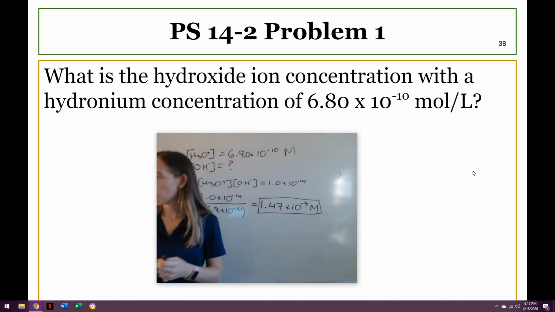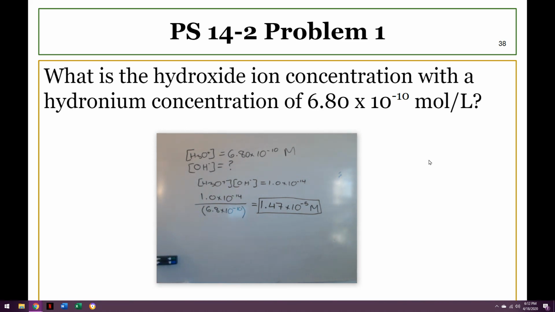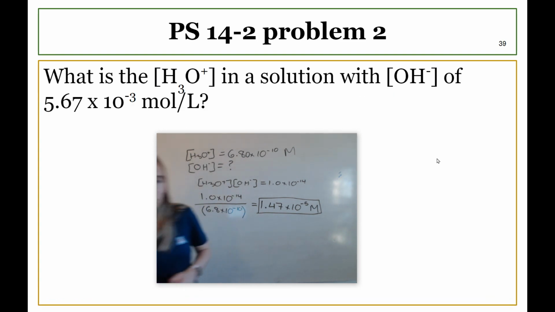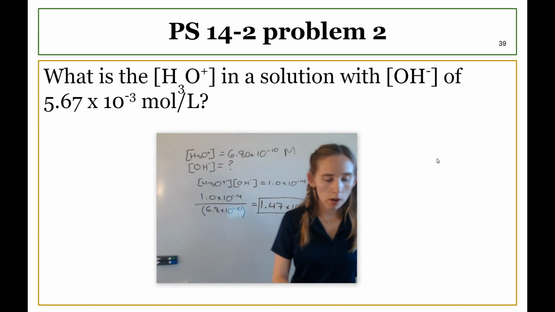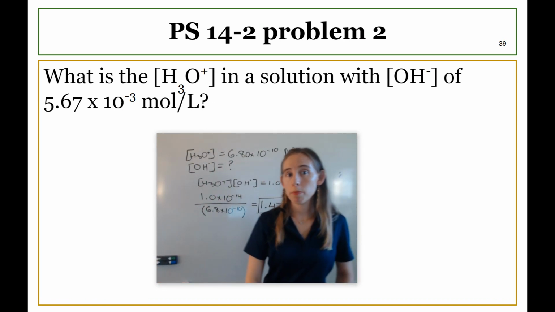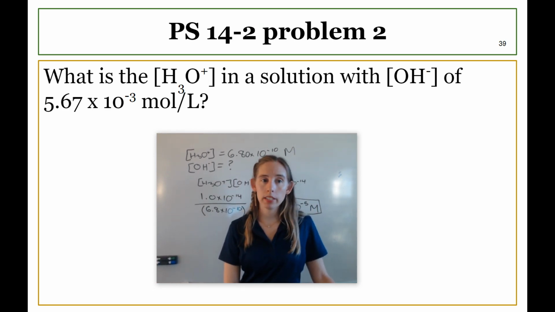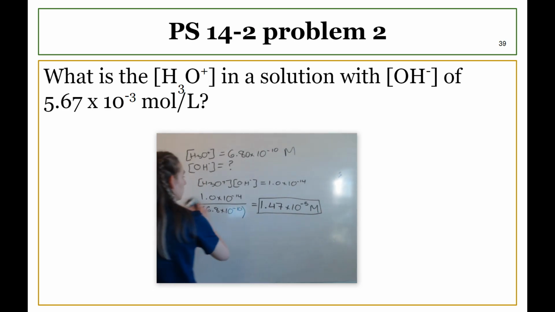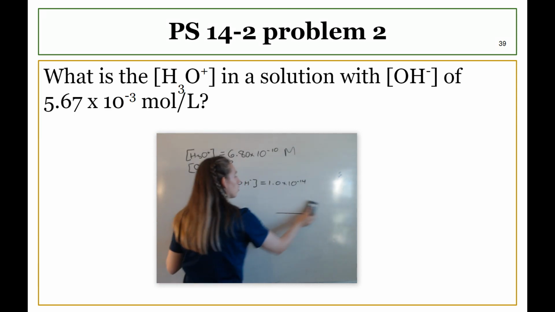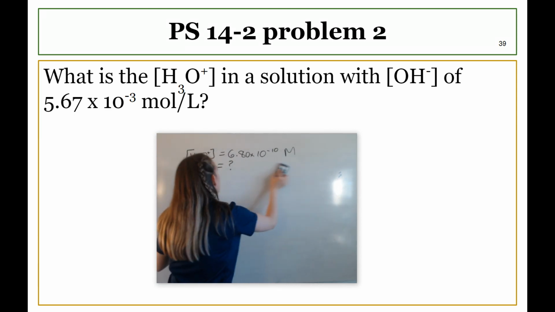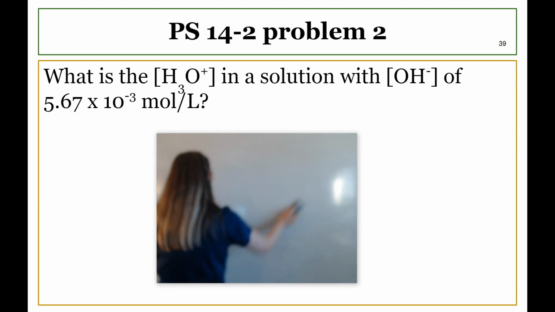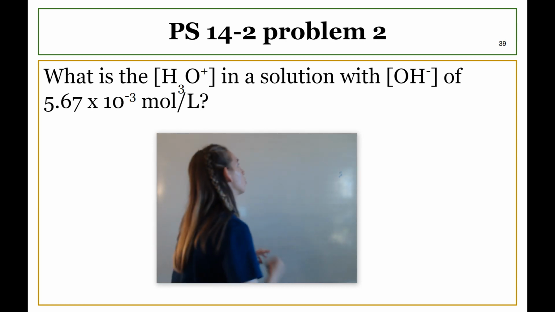All right, next problem. So here's problem 2. What is the H3O in a solution with OH of 5.67 times 10 to the negative 3? Identical problem, it's just switching. You're going to have the hydroxide concentration to start out with and ask for H3O.